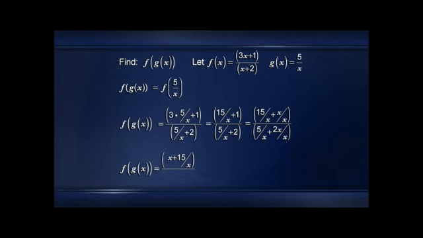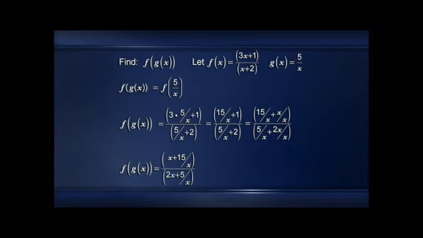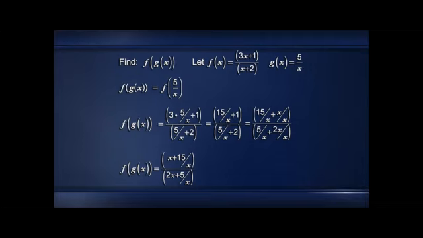And now you have those common denominators again. So you can write the denominator of this complex fraction as 2x plus 5 over x. So what we've done now is written x plus 15 over x divided by 2x plus 5 over x.